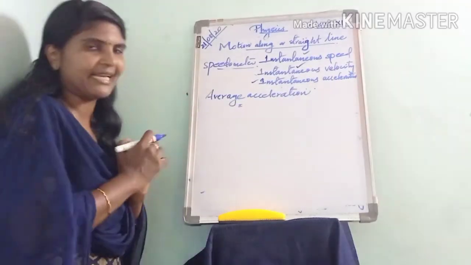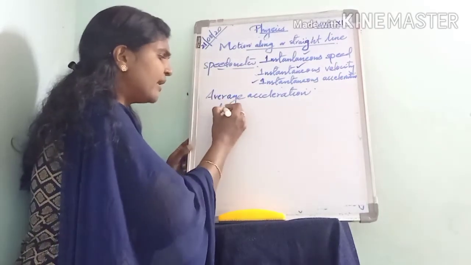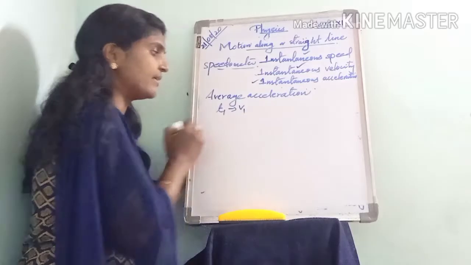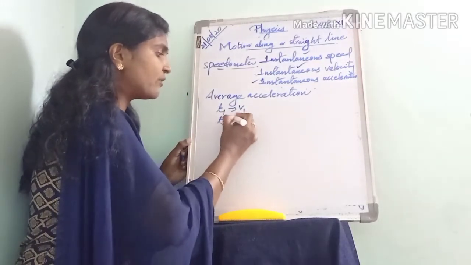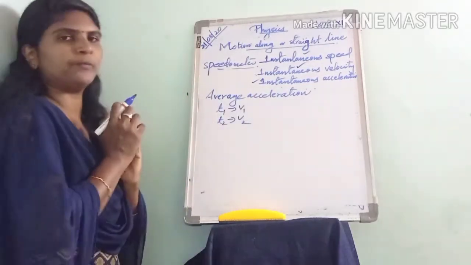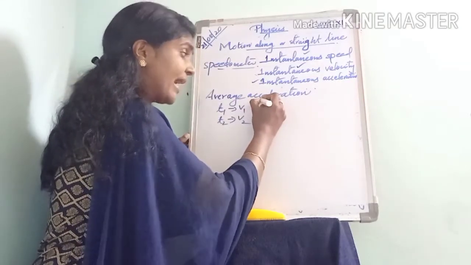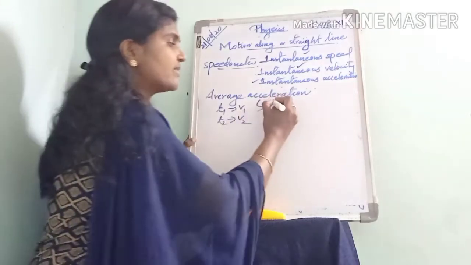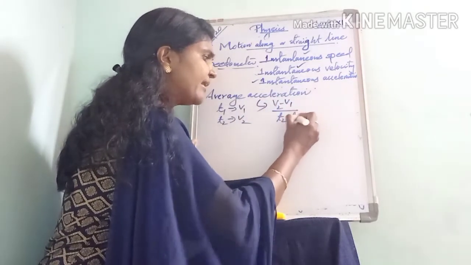Suppose during time t1 the velocity of the object is v1, and during time t2 its velocity changes to v2. Then the average acceleration can be represented as the total change in velocity, v2 minus v1, divided by t2 minus t1.